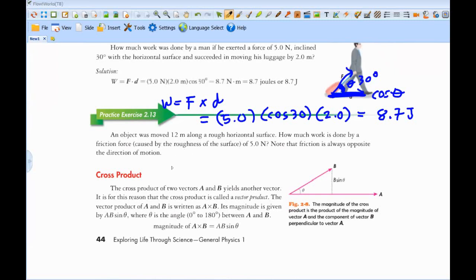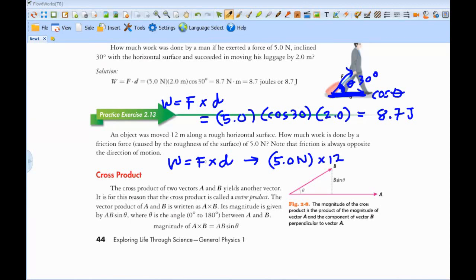So therefore we have work is equal to force times distance. So we have force is 5 newtons multiplied by the distance, 12 meters. It's 12.